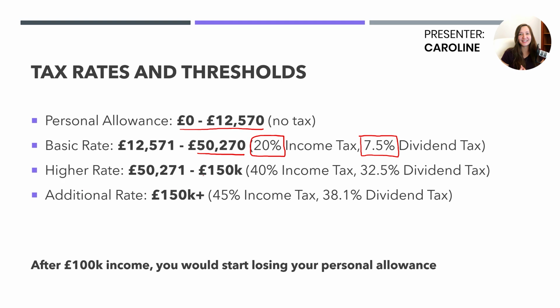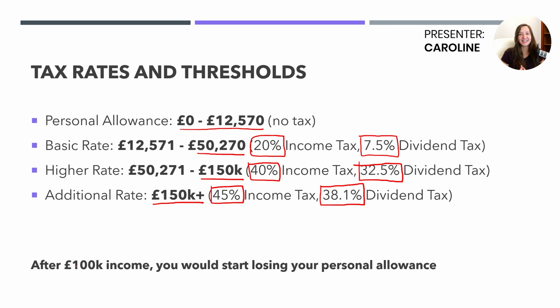So dividends will always be taxed in the higher rates first rather than the salary. And then we've got the higher rate tax threshold, which will take us up to £150,000. And here we've got 40% income tax and 32.5% dividend tax. Then the additional rate basically covers anything after £150,000, and that's 45% income tax and 38.1% dividend tax.